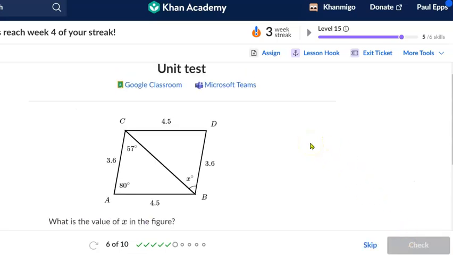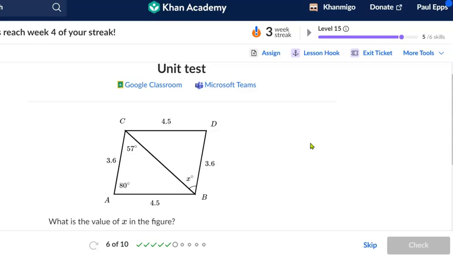What is the value of x in this figure? Well, it's a parallelogram. The top and bottom are the same length. The sides are the same length. Oh gosh, x. Oh, okay, it's asking for x.